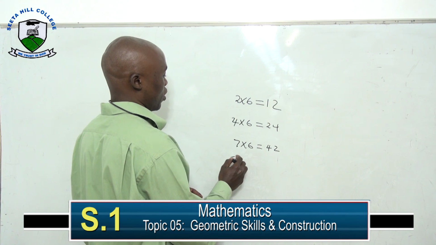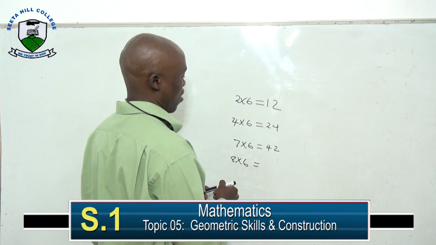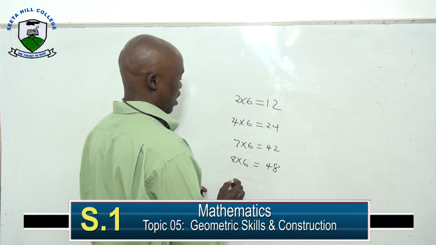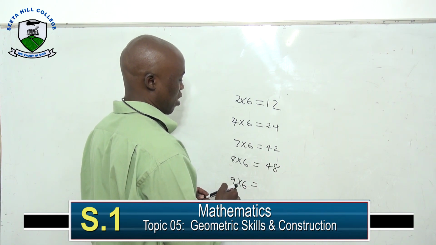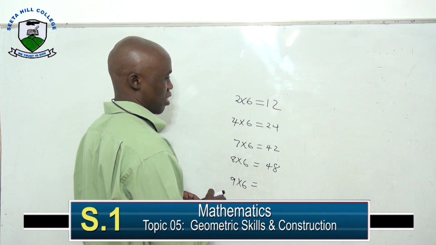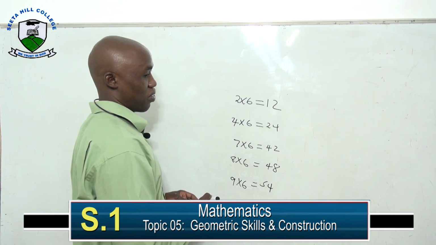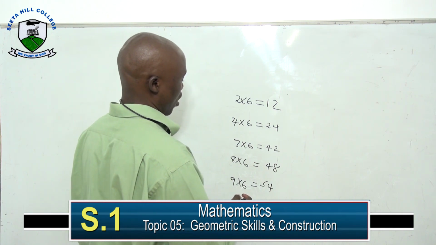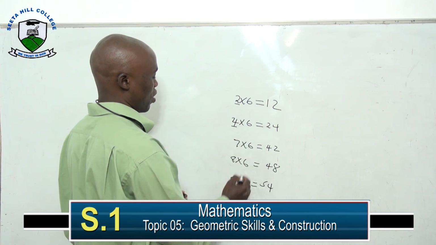Then 8 times 6? 48. 9 times 6? 54. 54, not so? What if we had 6 times 6?